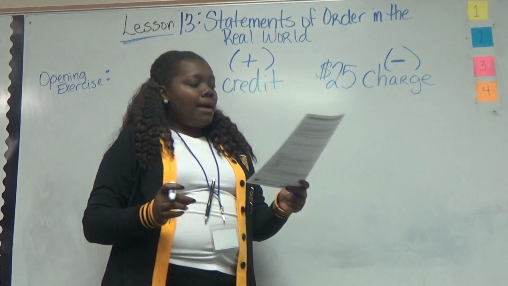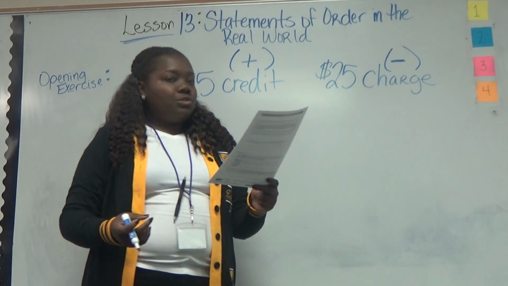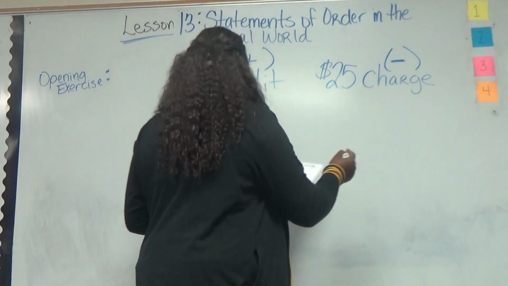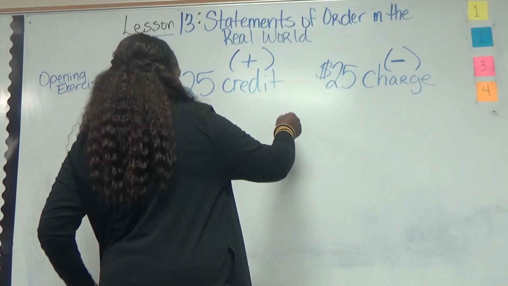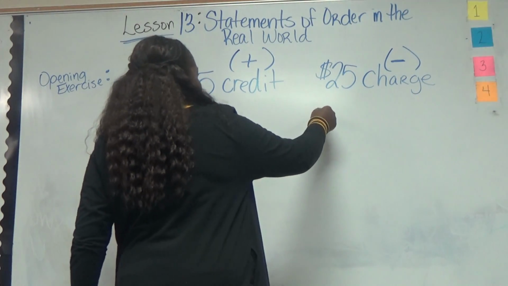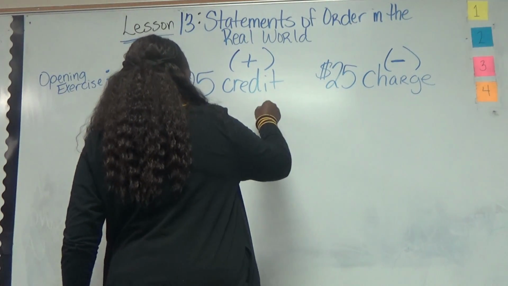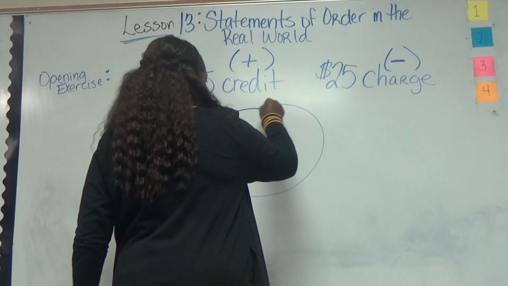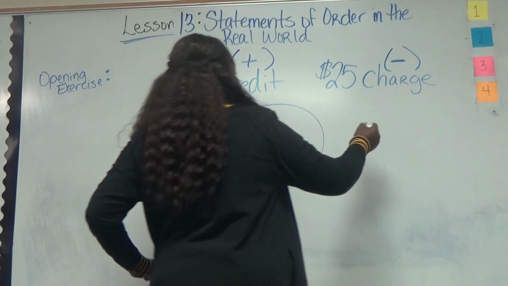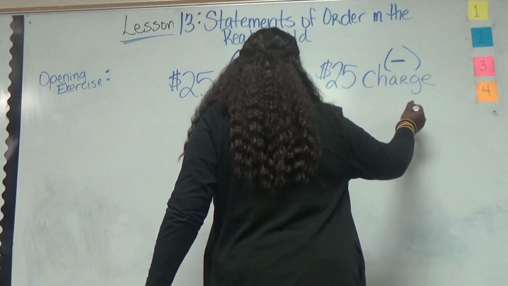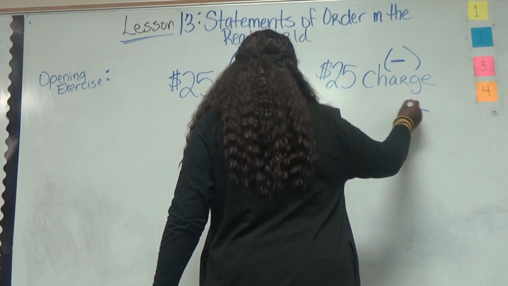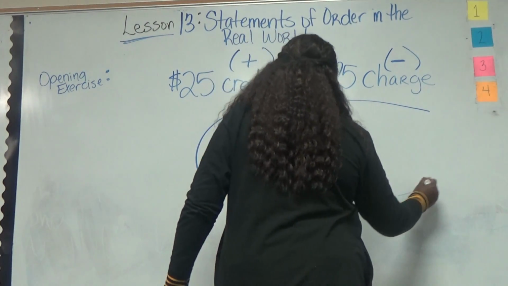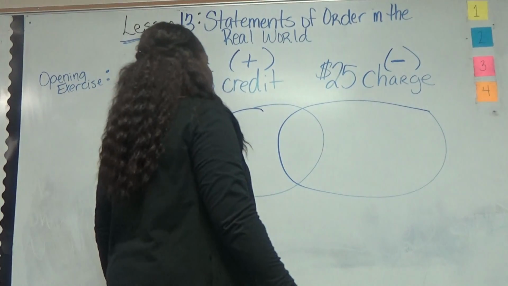Alright, so it says describe what is similar about the two transactions. So I'm going to do a Venn diagram. Have you all ever heard of a Venn diagram? Yes. Alright, so I'm going to simply do this to tell how they are alike. I learned this from 3rd grade. And then on the outsides, I'll tell how they're what? Different.